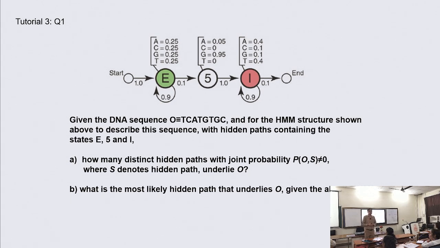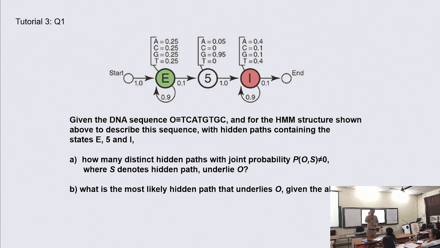Do you remember how to compute the joint probability of the observation sequence and hidden sequence? Probability of starting in S1, then emitting O1, and then making a transition to S2, then emitting O2, then making a transition to S3, then emitting O3, right? So that is the joint probability.